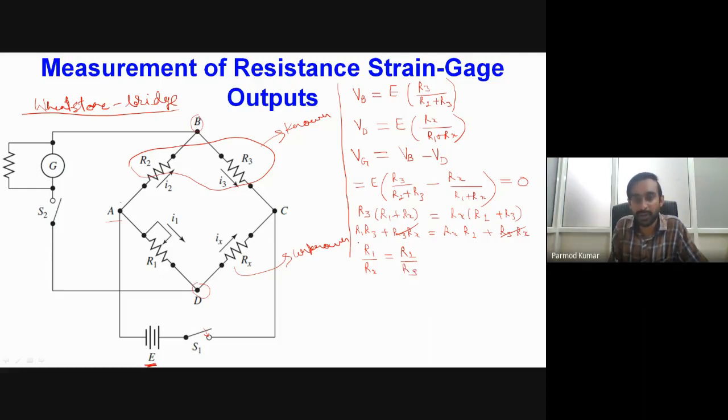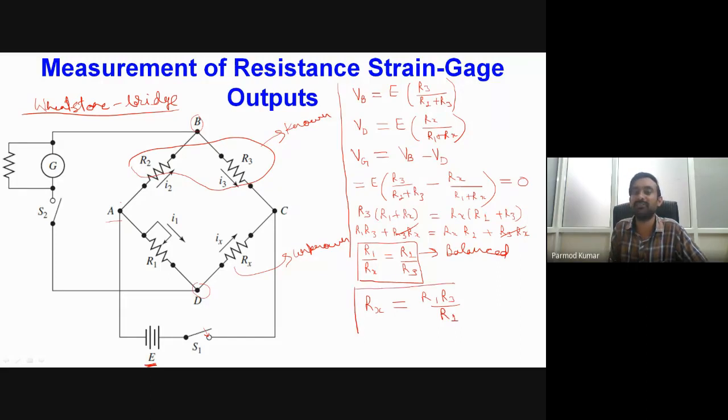So in order to have a balanced Wheatstone bridge, the ratio of resistances is the same. Using this formulation, to find the unknown resistance of the strain gauge Rx, I can relate it to R1 into R2 divided by R3. So using this, I can find out the value of the unknown resistance Rx.